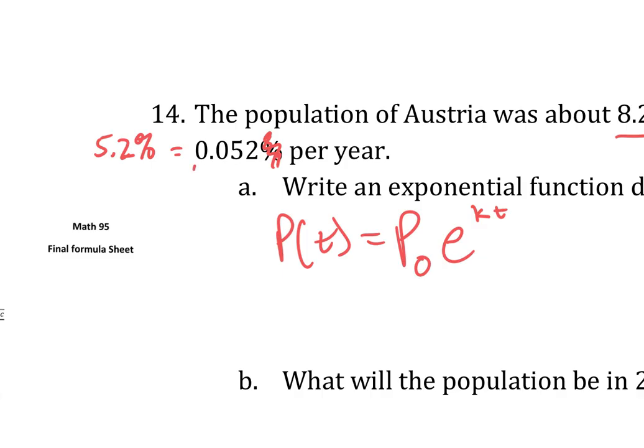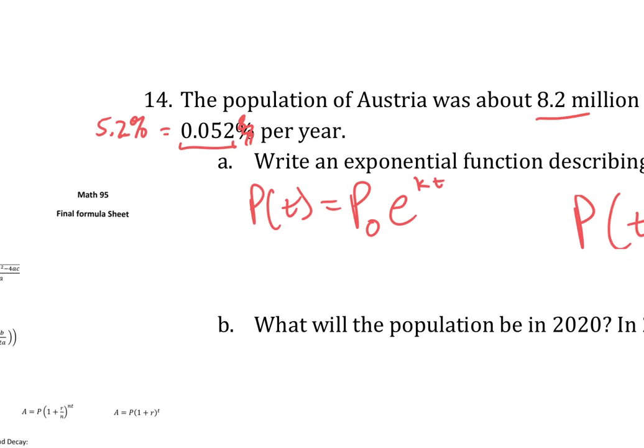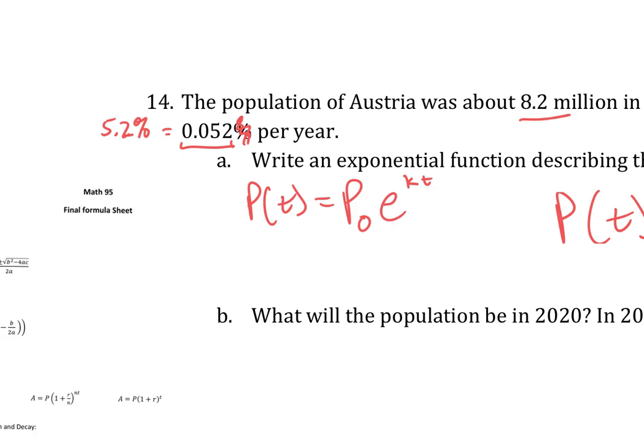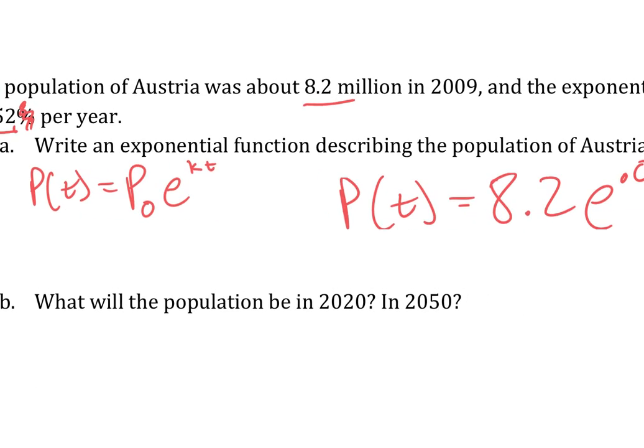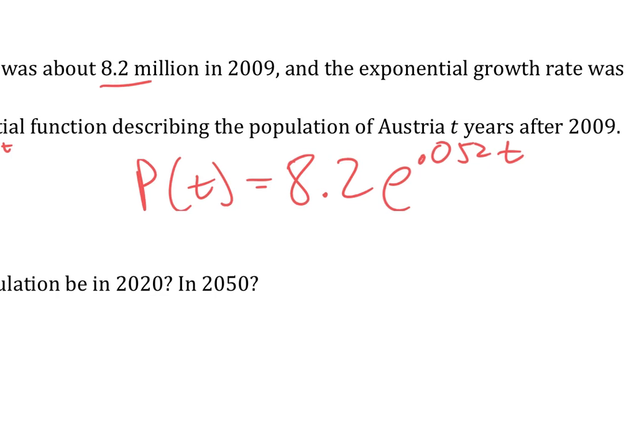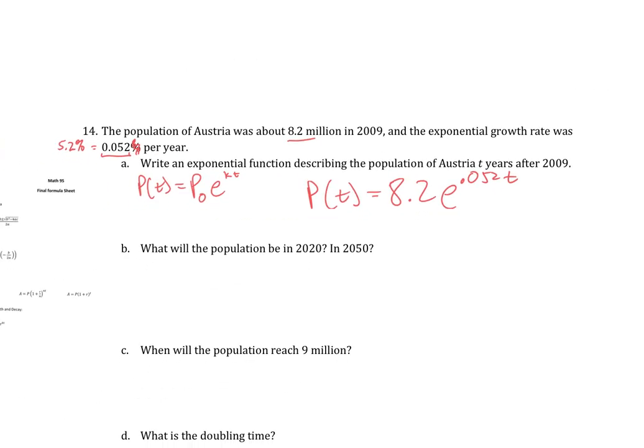Okay, so I'll need to fix that problem on this handout there. All right. So let's go with the 0.052 as our k value there. So that's it. That's our function.